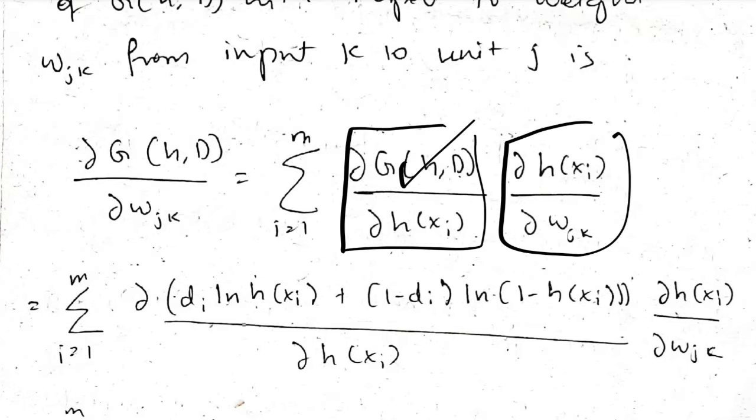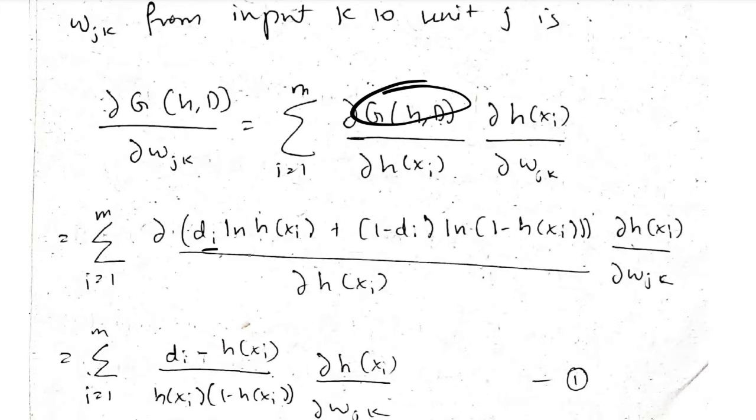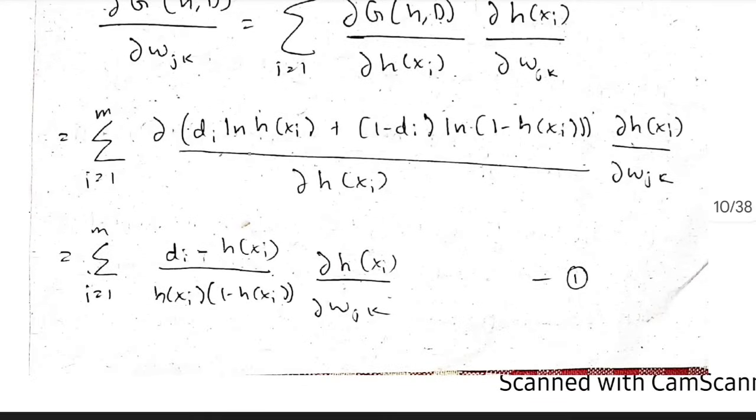For finding this one, in the place of G(h,d), which is nothing but d_i ln h(xi) plus (1 minus d_i) ln(1 minus h(xi)), from the previous formula which we got, we'll be substituting that here, ignoring all those terms which are not relevant and cancelling out. What we obtain is d_i minus h of xi. Only we will have this term, d_i minus h(xi), and in the denominator h(xi) into 1 minus h(xi).